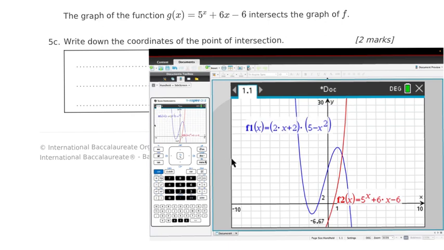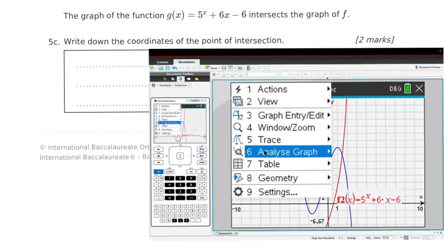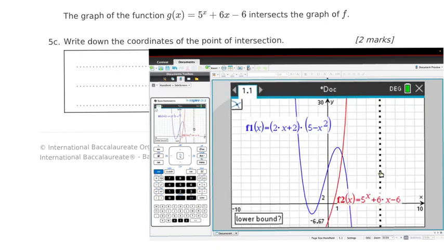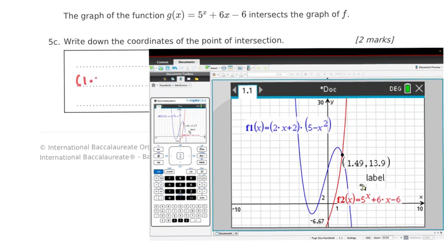I'm going to go to menu, analyze graph, intersection point, slightly to the left, slightly to the right. So my intersection point is x equals 1.49, y equals 13.9. So my point of intersection is 1.49, 13.9.